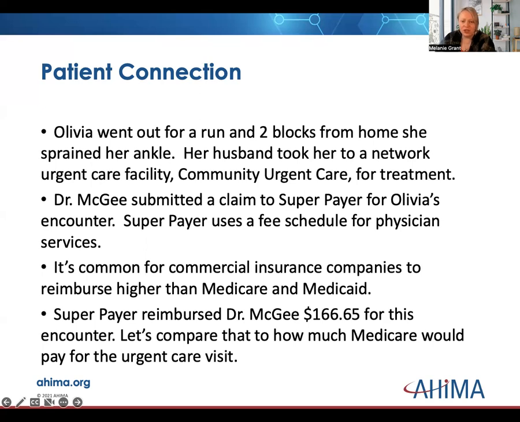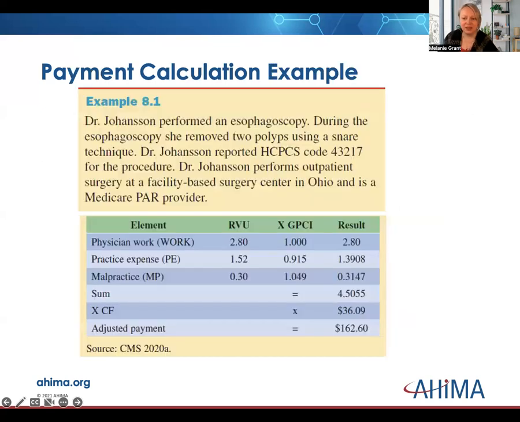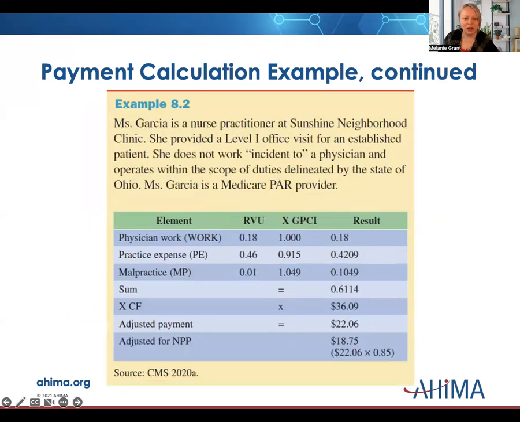It's common for commercial insurance companies to reimburse higher than Medicare or Medicaid. They reimburse her $166.65 for the encounter. It's interesting because Medicare would very likely be looking at the encounter we saw earlier, when we had our new patient encounter, 99202.